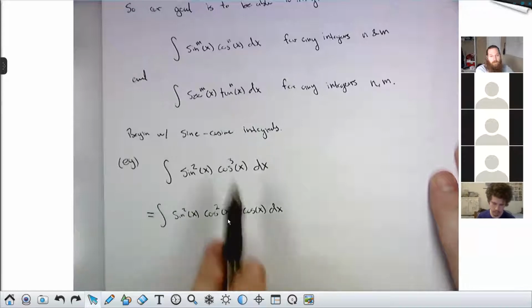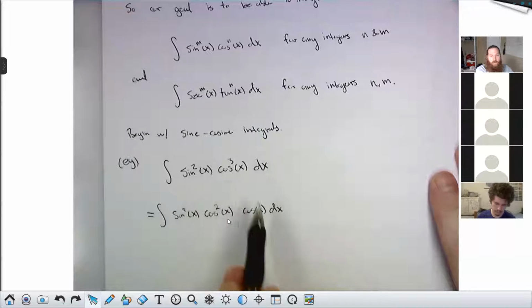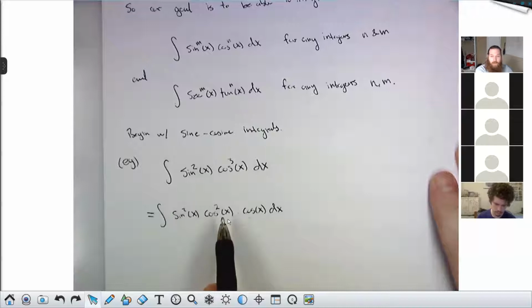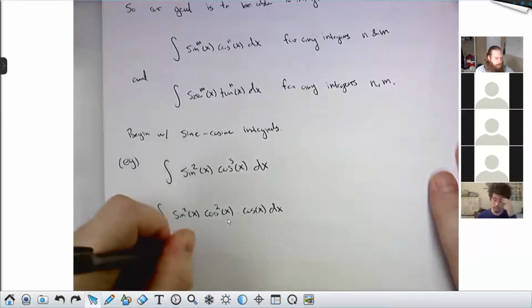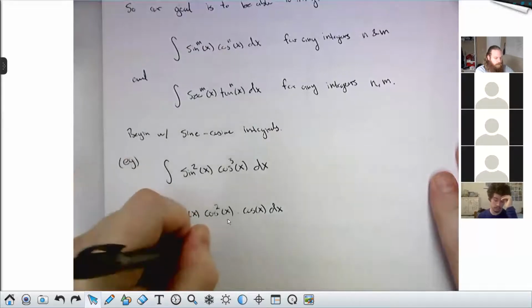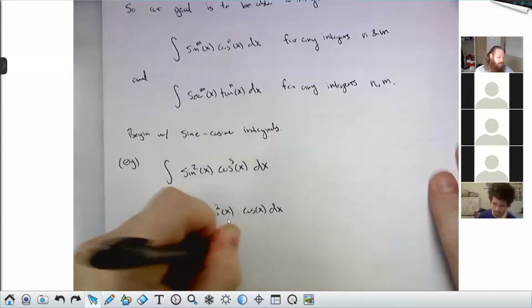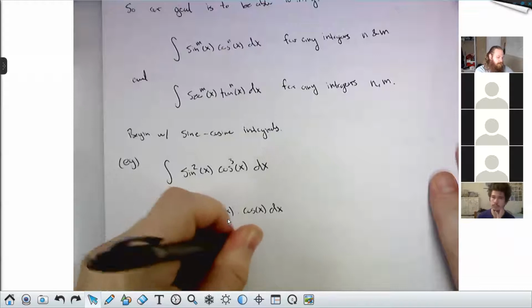But the magic of this having been an odd power of cosine is that when I peel one of them off, I'm left with an even power. Any even power of cosine can be rewritten in terms of sine using the first Pythagorean identity. By the first Pythagorean identity, cos squared x is the same as 1 minus sine squared x.